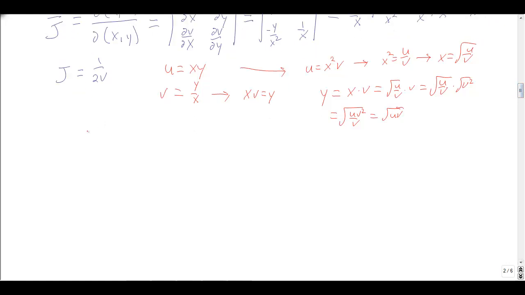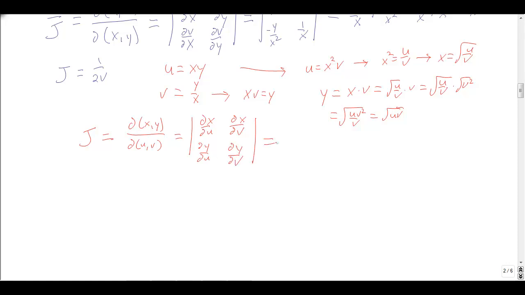And then when I want to do my Jacobian here, what I really get is the derivative of xy with respect to uv, and I get this partial derivative determinant. I get partial of x with respect to u, partial x with respect to v, partial y with respect to u, partial y with respect to v.